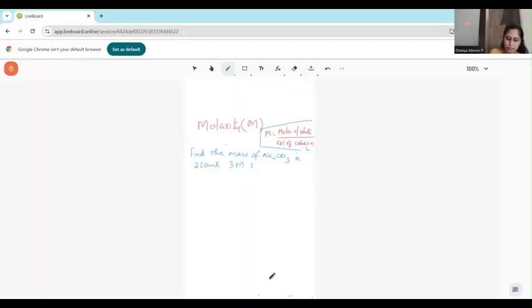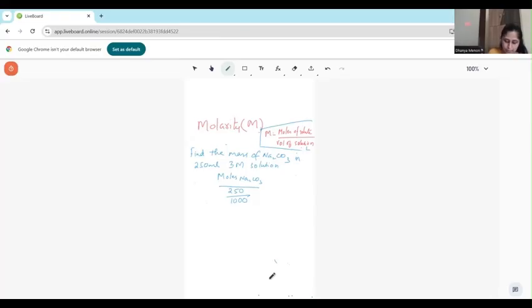Now here, molarity M is equal to moles of sodium carbonate over volume divided by 1000, because I need to make it into liters. So over here molarity is given to you. Molarity is equal to 3, right?